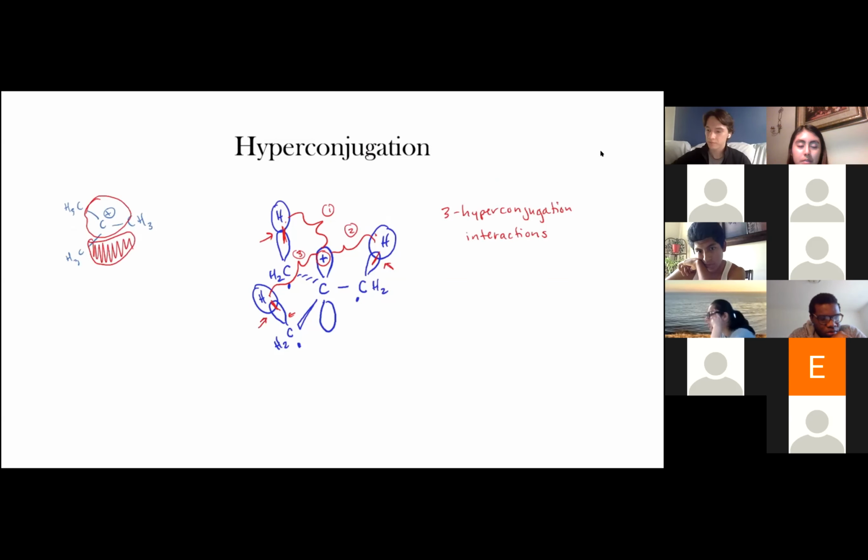And so when you have these bonds right here, here, and here, the electrons in these bonds overlap with this p orbital, and so it's just the single p orbital with the 3 bonds around it from the external carbons. Does that make sense? Yeah.